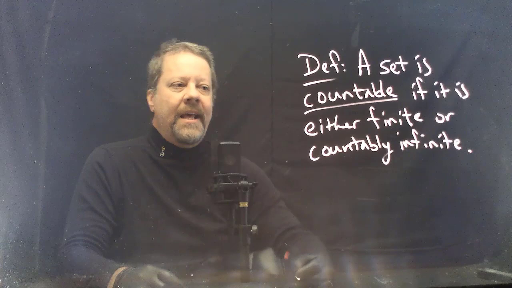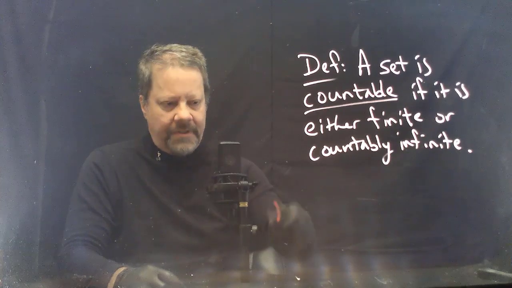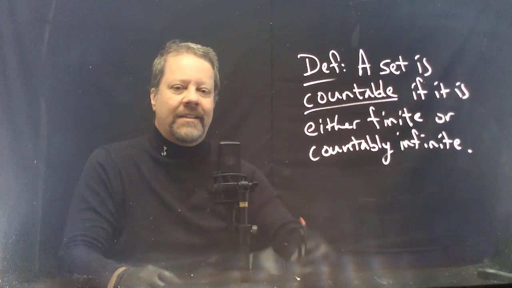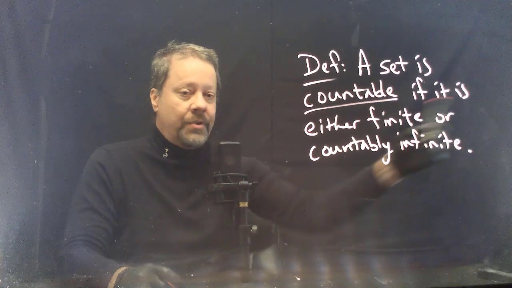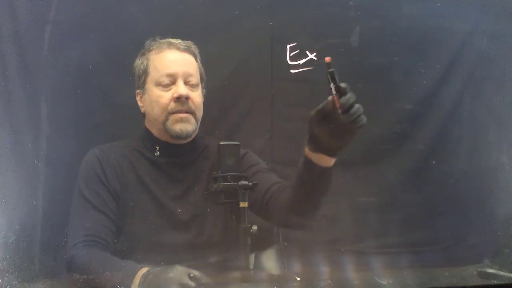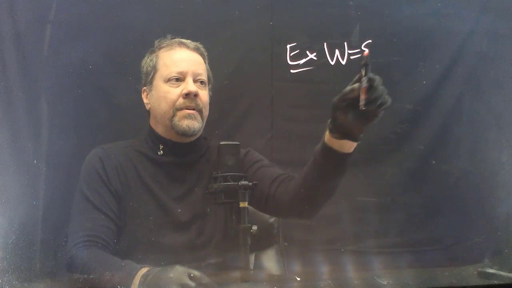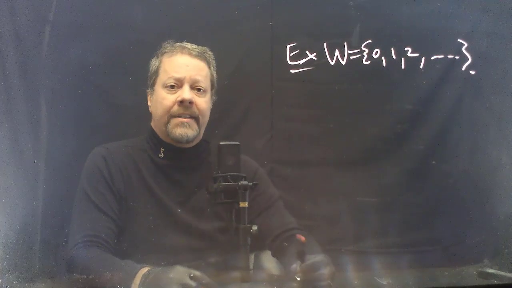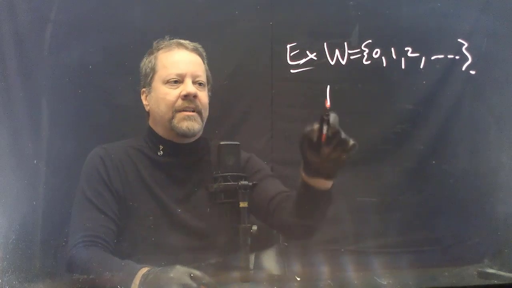In either case, you can line them up and count them off, first, second, third, fourth. If it's finite, that comes to a conclusion. If it's countably infinite, it doesn't come to a conclusion but goes on forever. It's pretty easy to see that the whole numbers have the same cardinality as the set of natural numbers.